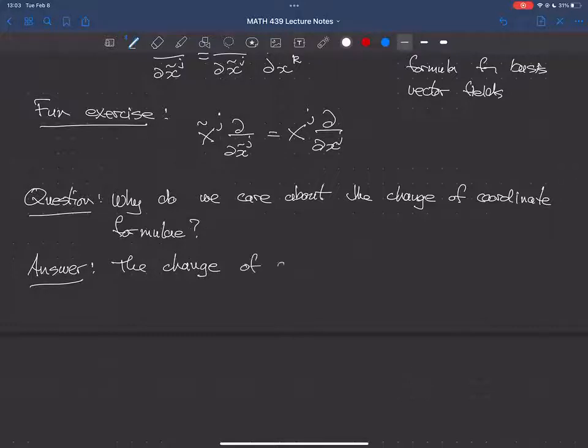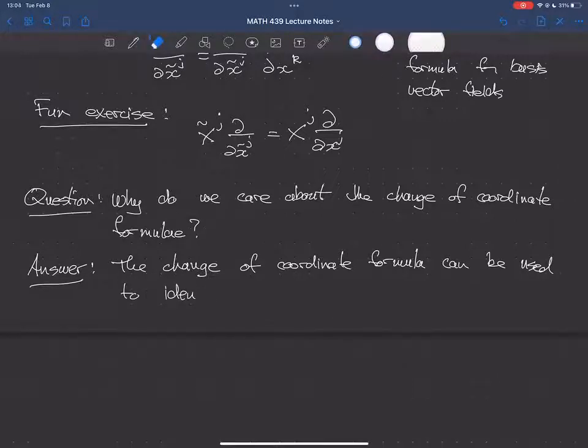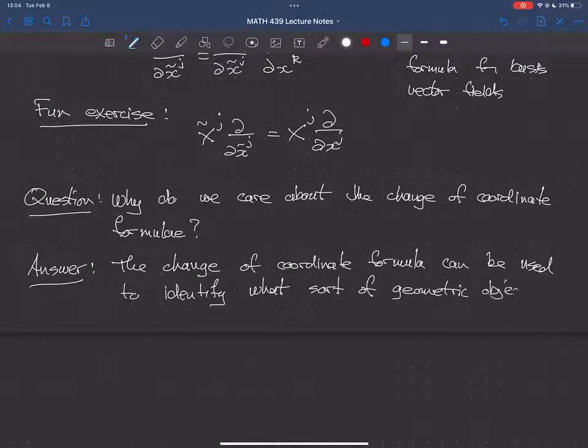The change of coordinate formula can be used to identify what sort of geometric object we are dealing with.